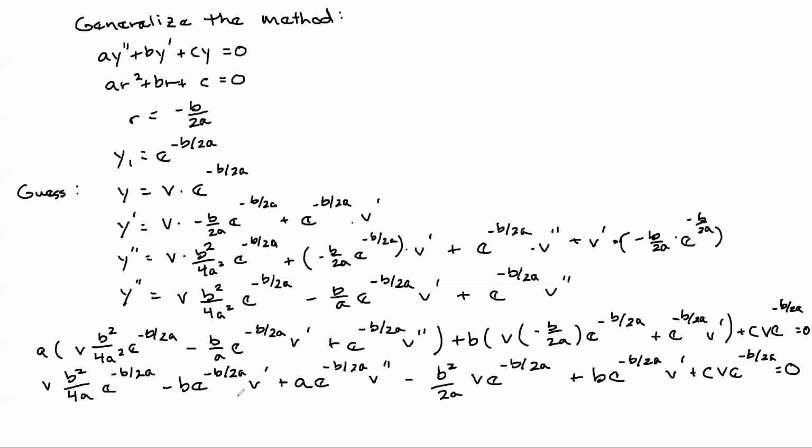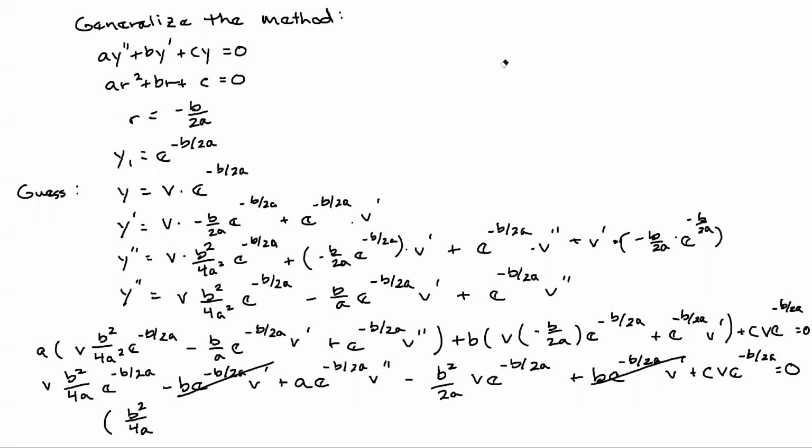All right, let's take a look here. So we've got negative b e to the negative b over 2a v prime, and positive b e to the negative b over 2a v prime. So those are going to cancel. Okay, and then what's left here? All three of these terms have v in them, so we can combine those. So we're going to get v, and this one's going to have b squared over 4a. Actually, let's factor out the e to the negative b over 2a at the same time.